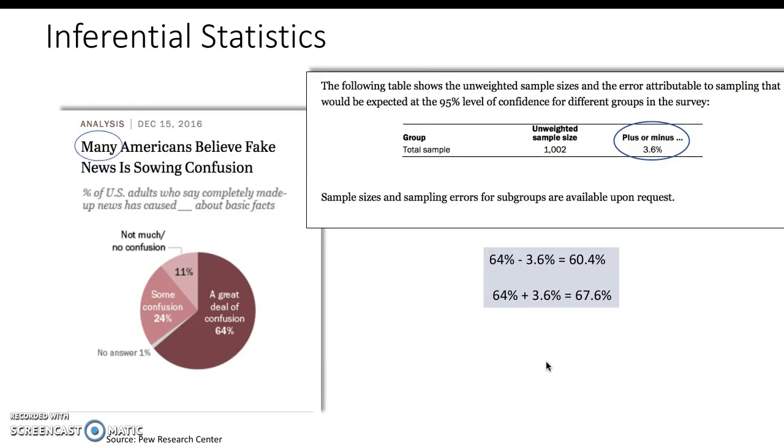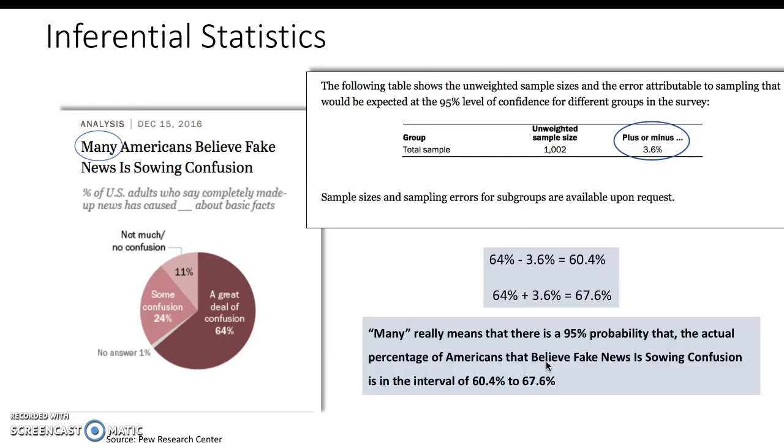Well, that gives us what we really mean by many. It really means that there's a 95% probability that the actual percentage or proportion of Americans that believe fake news is sowing confusion is in that interval from 60.4% to 67.6%.